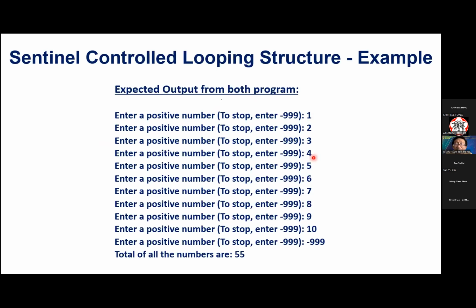So you can see this process will continue until eventually the user enters minus 999 and the loop will terminate. When the loop terminates, it will give you the sum of all these numbers, which is 55.